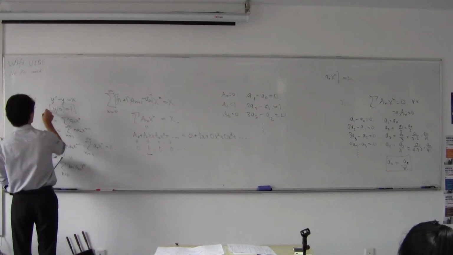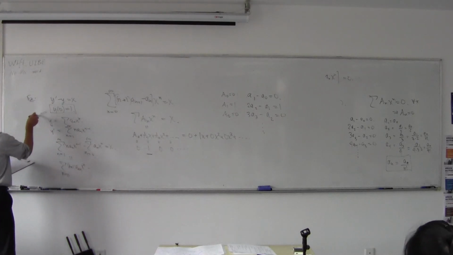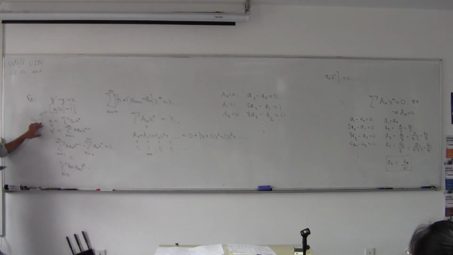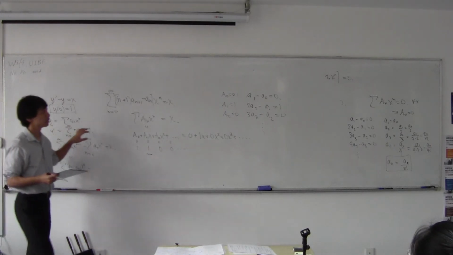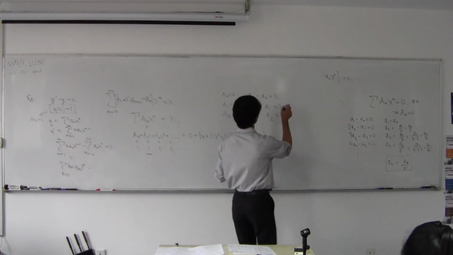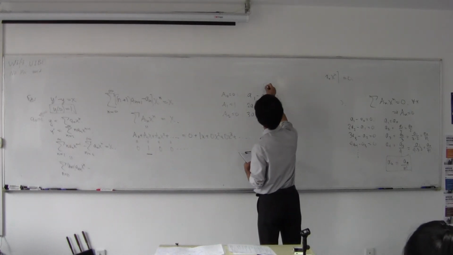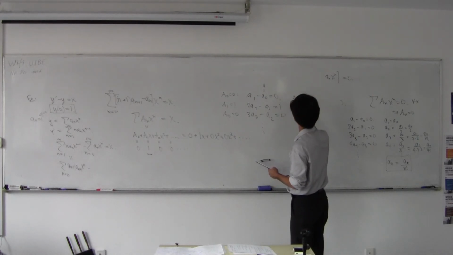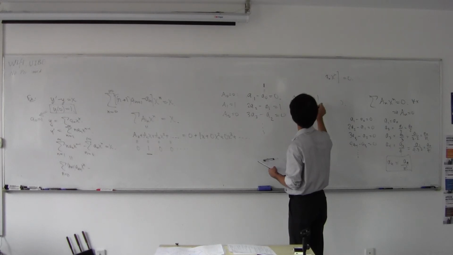Since y0 is 1, that tells me that a0 is 1. Right, the constant term is 1. Right. So here we get a1 equals a0. Here we get 2a2 minus a1 is 1.